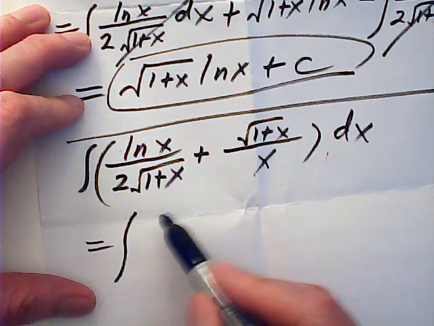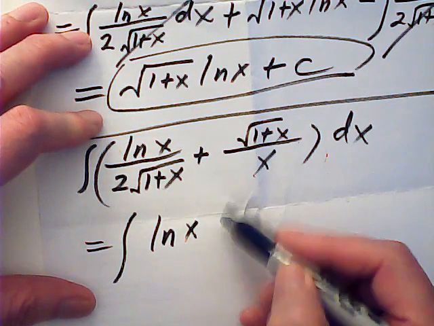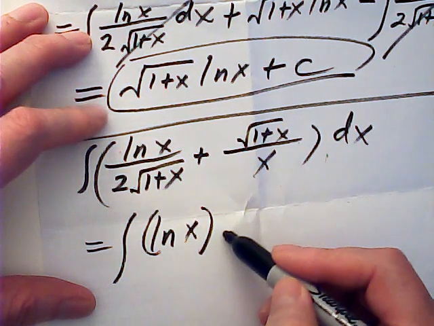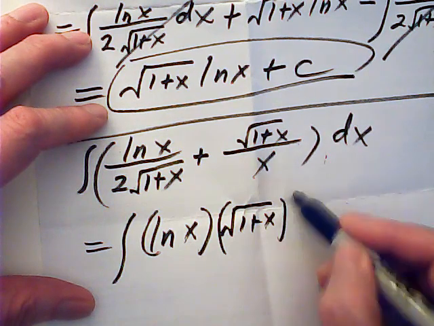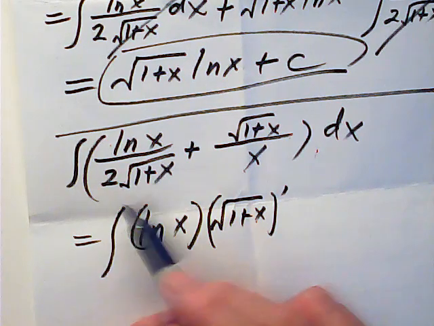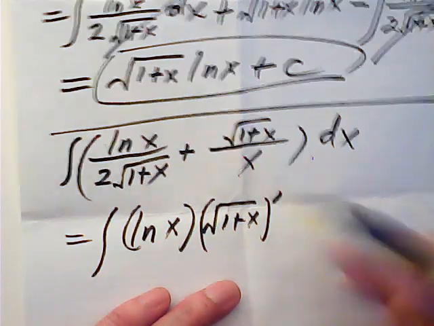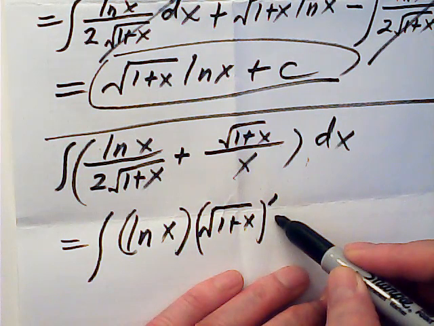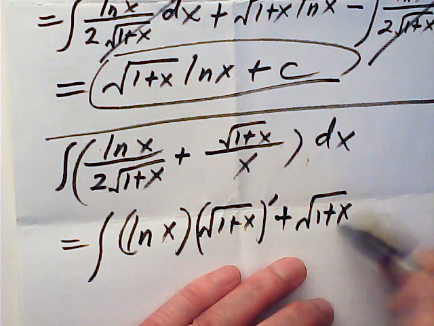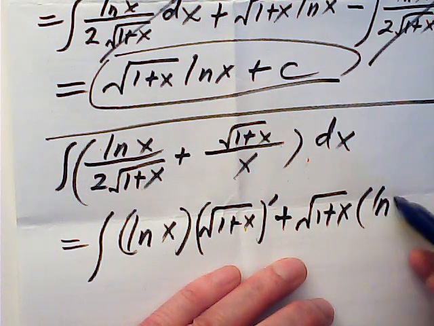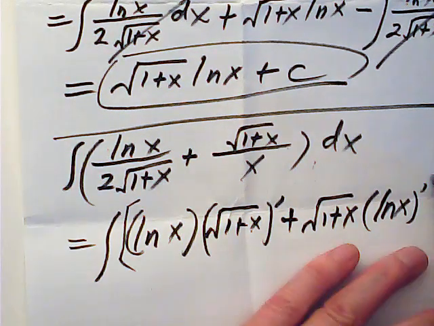The first one is log x multiplied by the derivative of square root 1 plus x. This derivative is equal to 1 over 2 square root 1 plus x dx, right? Okay, now plus this one is square root 1 plus x times the derivative of log x, altogether dx.